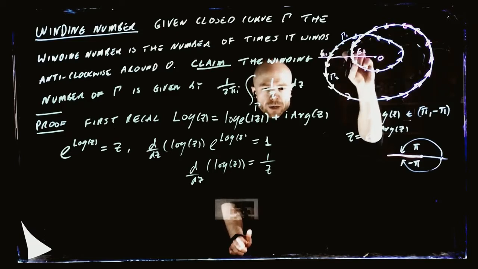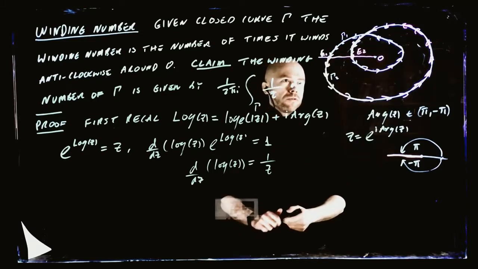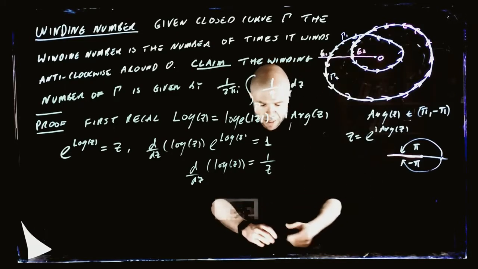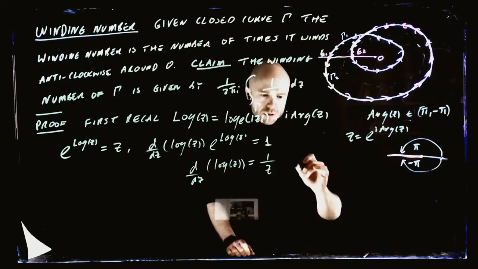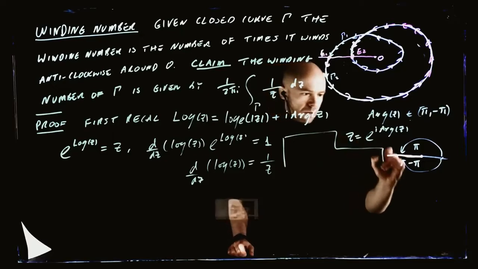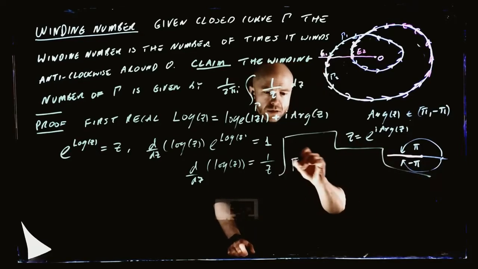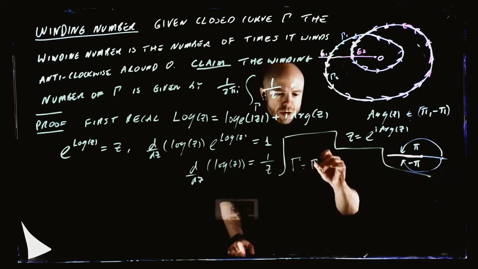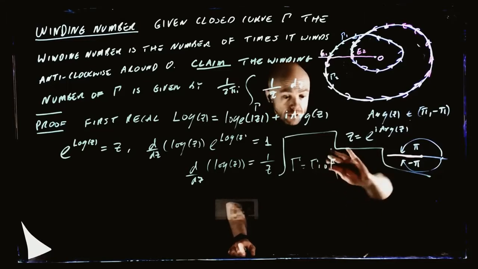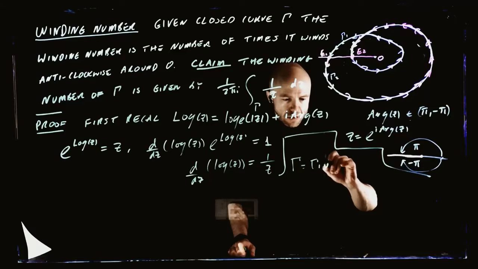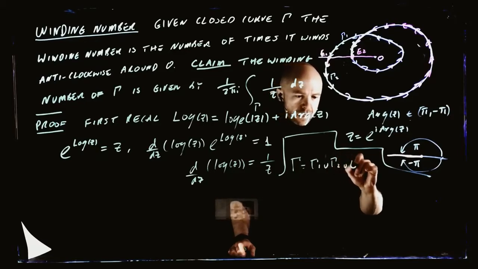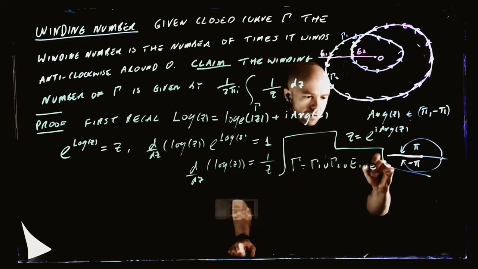They're tiny little bits, just a bit of the path that actually goes through the negative real numbers. So what we have is the decomposition: gamma equals gamma 1, union gamma 2, and then these tiny errors E1 and then E2.